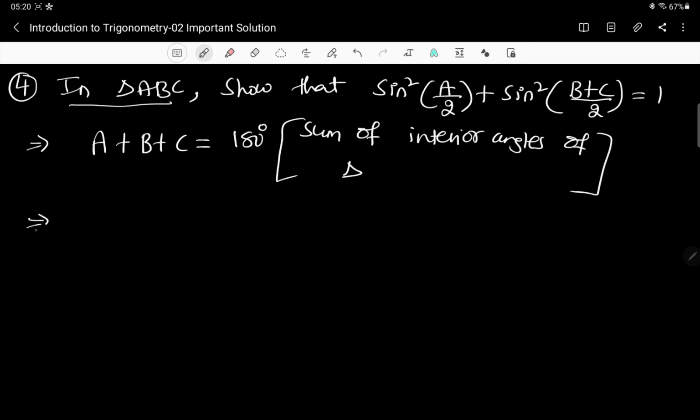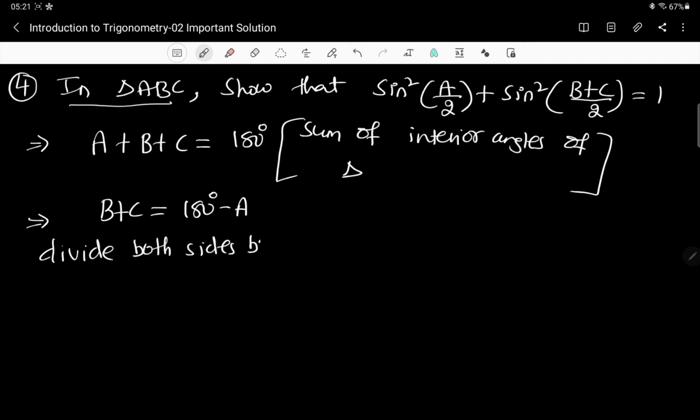Correct, no? So whenever this kind of (B plus C) by 2 comes, you have to simplify it. That is, B plus C is equal to 180 degrees minus A. Now you divide both sides by 2.